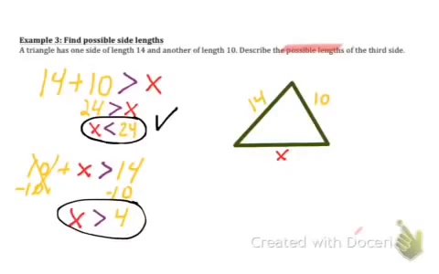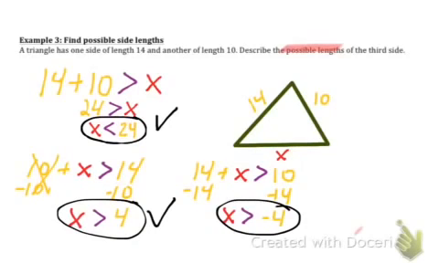We have one more combination to check, which is 14, our one side, plus the missing side has to be greater than 10. If I solve the inequality, subtract 14 from both sides, x has to be greater than negative 4, which makes sense because we've already said that x has to be greater than positive 4.